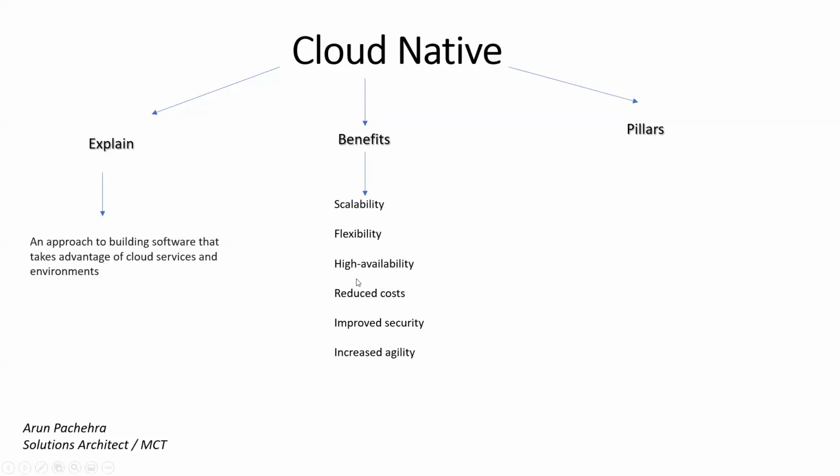Reduced cost. That's a very controversial thing, but if you are going cloud native, then of course it will reduce your cost. To make it very simple, it's a pay-as-you-go model for cloud computing, reducing the need for expensive infrastructure investments. Because whenever you run an application on premises, you need to buy the entire infrastructure.